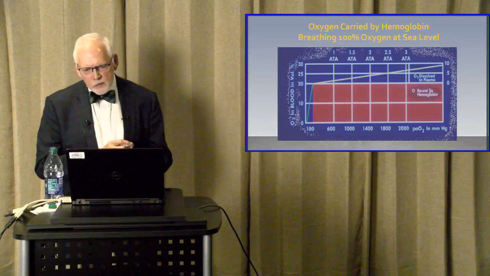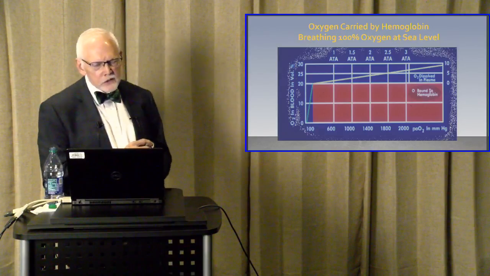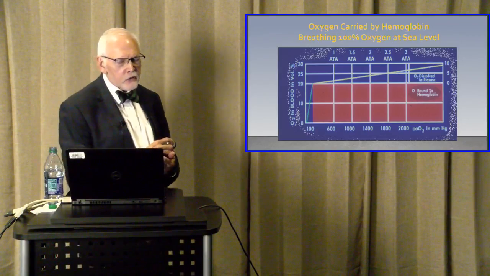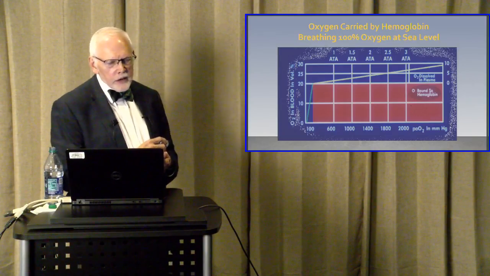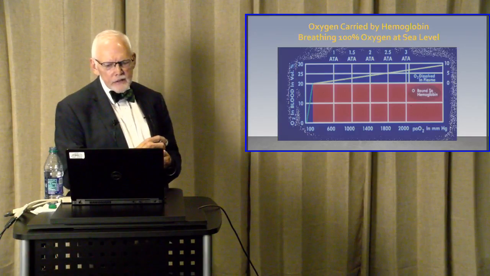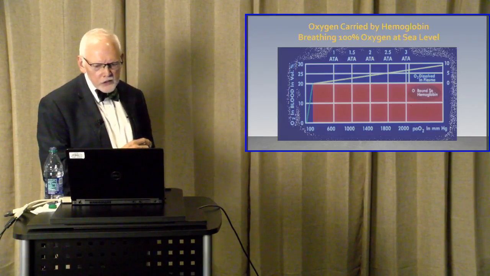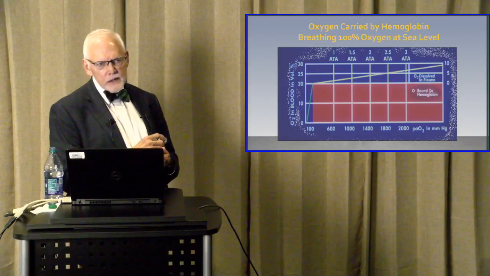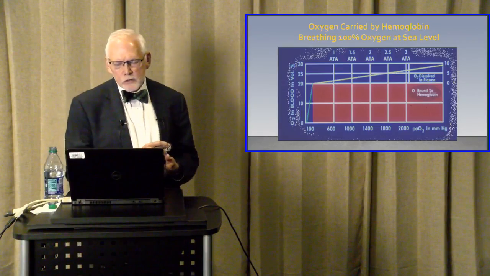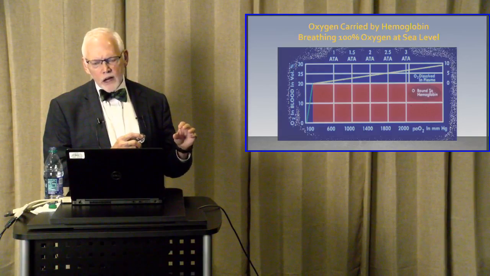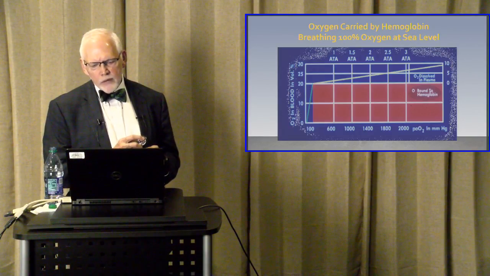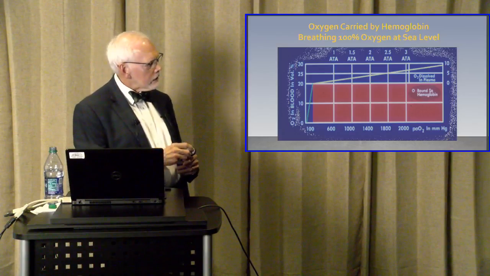This is interesting because it harkens back to a study done in the late 1940s by a Dr. Boerema, where he had the idea that if he could dissolve enough oxygen in plasma, he might be able to serve the oxygen requirements of an animal without even using hemoglobin.